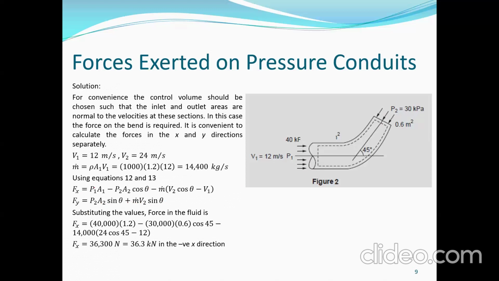Okay? Take note, yung direction ng Fx mo dito is punta doon. Fx. And Fy is pataas.